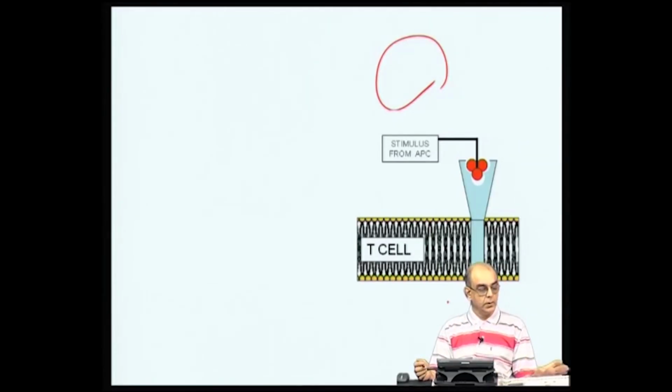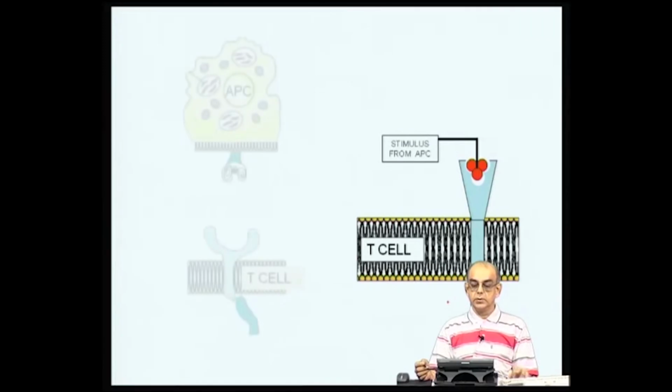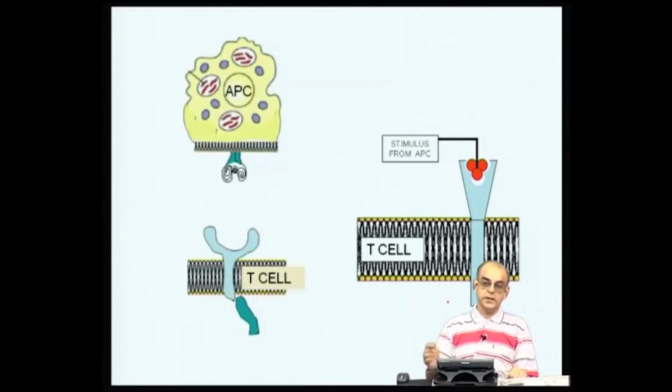So, going on further, what is the nature of this stimulus? I told you that this stimulus comes from an antigen presenting cell. An antigen presenting cell for us, at this preliminary stage of this immunology class, could be just a macrophage. This macrophage you have seen in earlier slides.